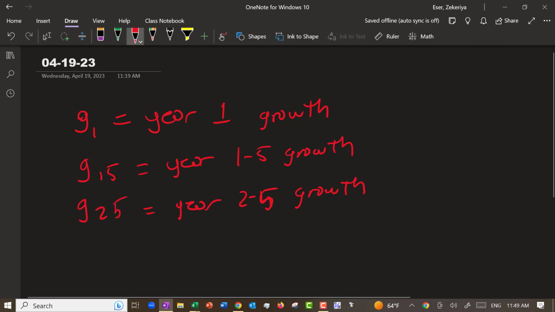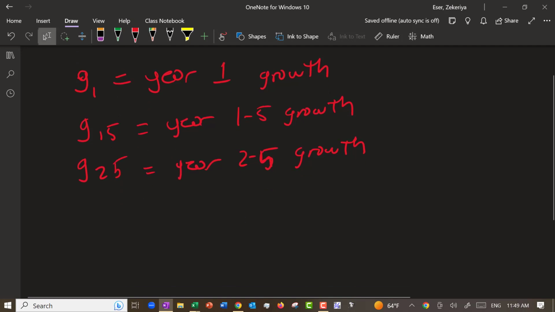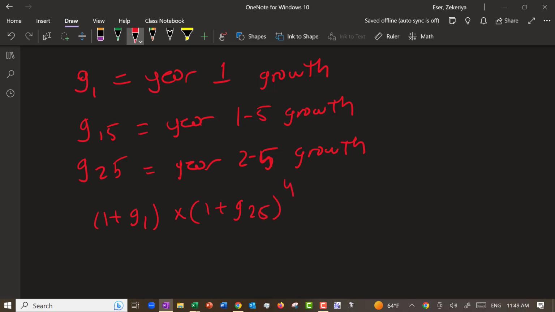The idea is 1 plus G1 times 1 plus G25 raised to the power 4 should equal that. Okay? So we're going to basically solve that equation.